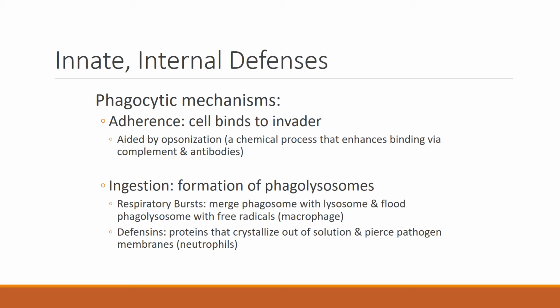Then there is a respiratory burst, where the phagosome merges with lysosomes, and from there free radicals start degrading the pathogen. There are also proteins called defensins that are responsible for piercing the pathogen membranes. Neutrophils also aid in this process.